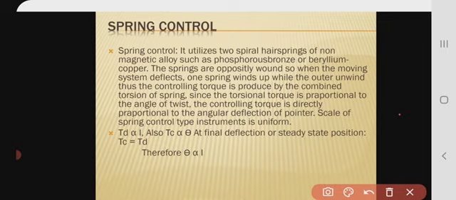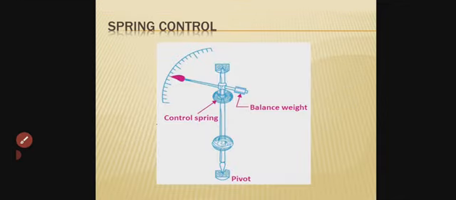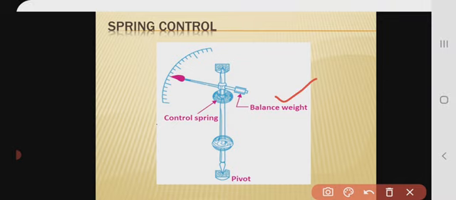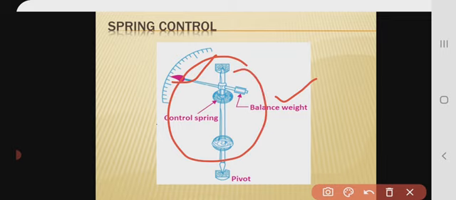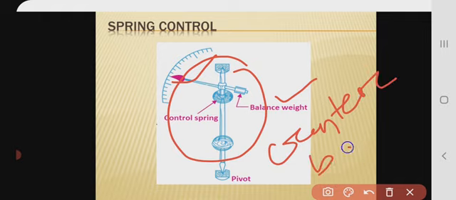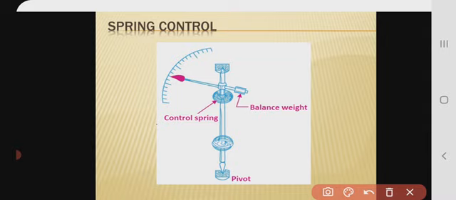A balance weight is attached, as seen in the figure, to counterbalance the weight of the pointer and the other moving parts of the instrument.